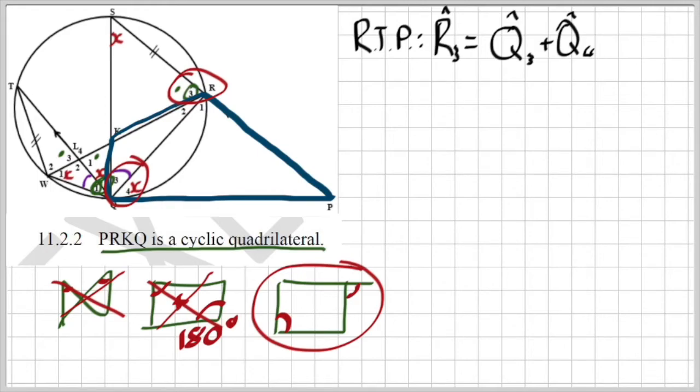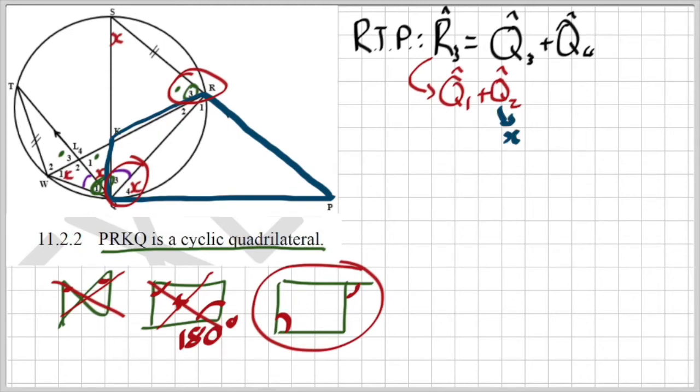So how do I do this now? Well, I look at my RTP statement and I think, what do I know about R3? I know that R3 is Q1 and Q2, because of angles in the same segment. What do I know about Q2?